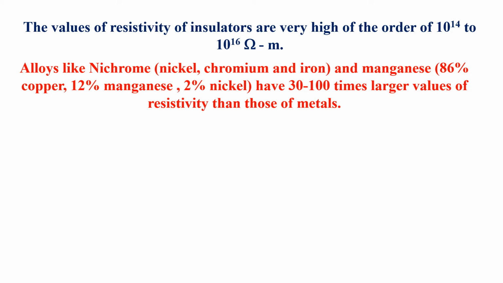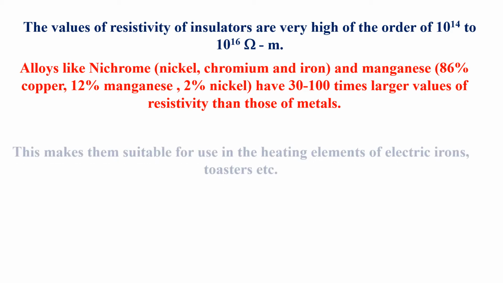And nichrome is made of nickel, chromium and iron. And manganese is made of copper, manganese and nickel. So every three combinations of items will become nichrome. Nichrome means nickel, chromium, iron. Manganese means copper, manganese, nickel. Okay. And they have larger values of resistivity than those of metals.